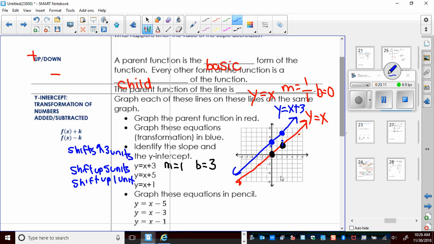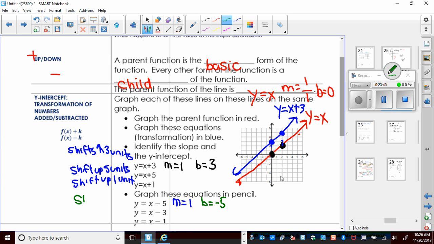So the next one we're going to do is y equals x minus 5. What is the slope of y equals x minus 5? 1. What is the y-intercept? -5. Now, we always start at our parent function. It's y equals x. If I'm subtracting 5, am I moving up or moving down? You're shifting down.